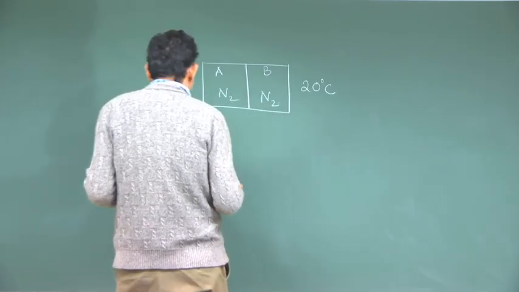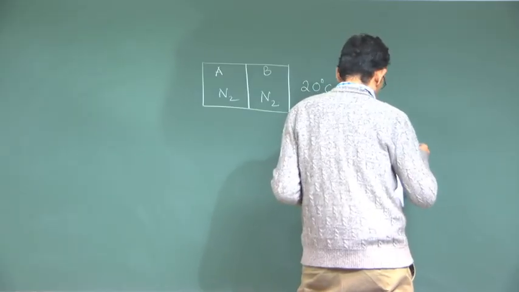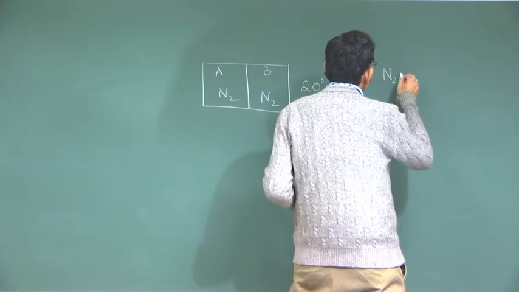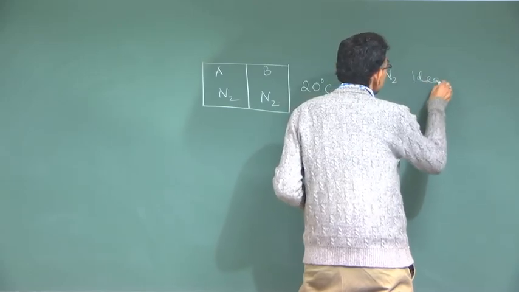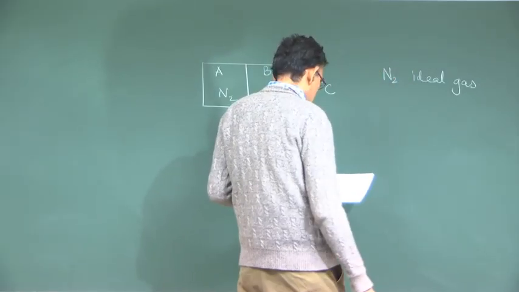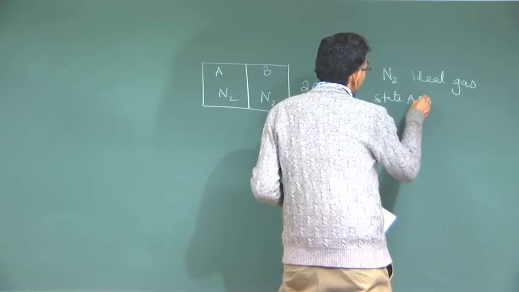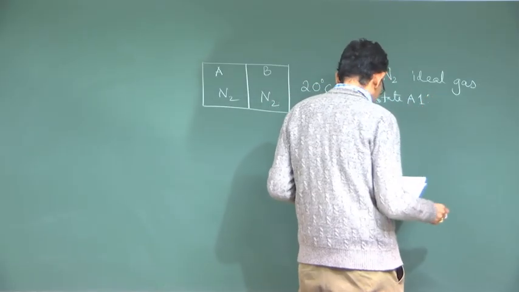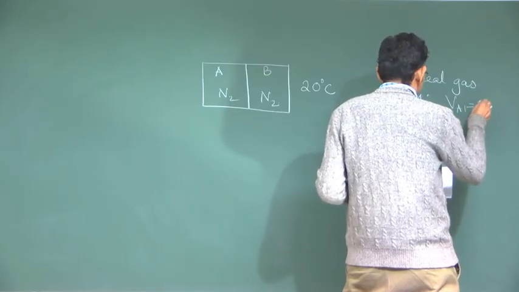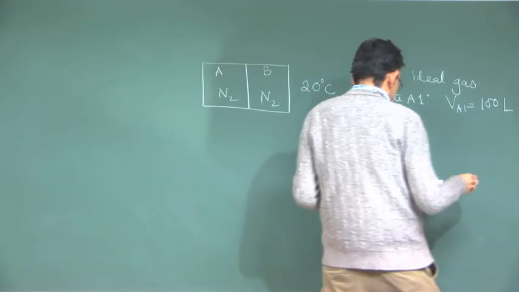So, we will assume here nitrogen as ideal gas. This is an assumption. So, state A1, V is 100 liter, because total volume is 200 liter, it is divided into two parts.